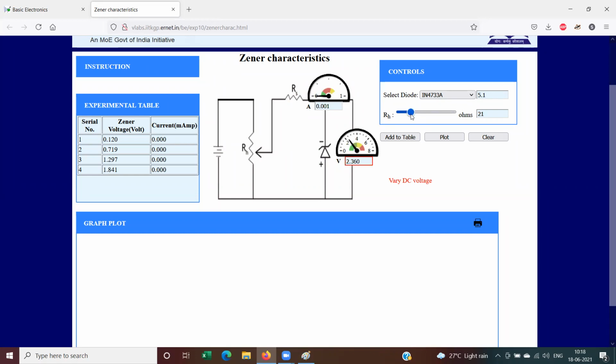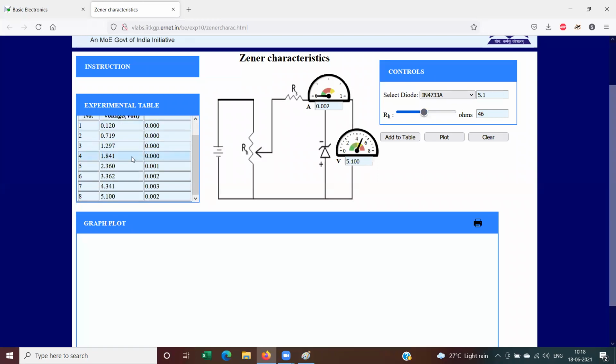Right. So keep on varying and keep adding to the table. You will see 0 till 5 volt. At 5.1 volt, there is a very small amount of current.